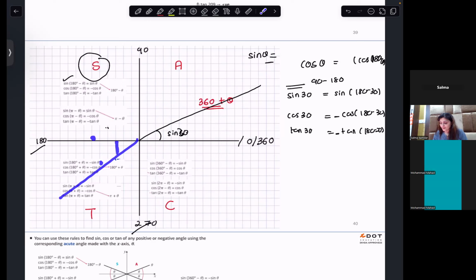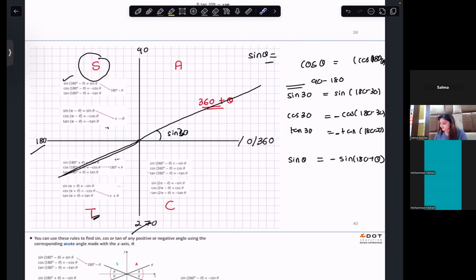Now over here, it's always going to be 180 plus theta.